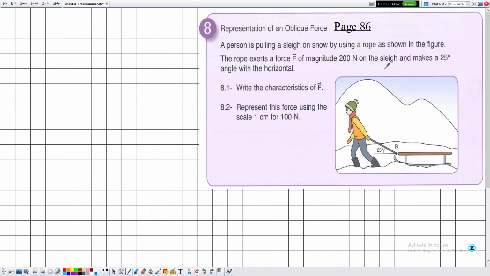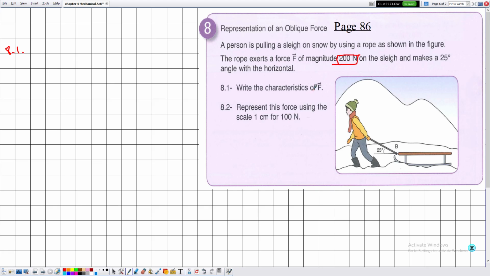A person is pulling a sleigh on snow by using a rope as shown in the figure. The rope exerts a force of magnitude 200 newtons on the sleigh and makes a 25 degrees angle with the horizontal.